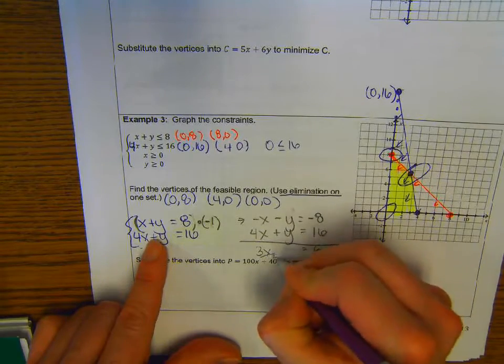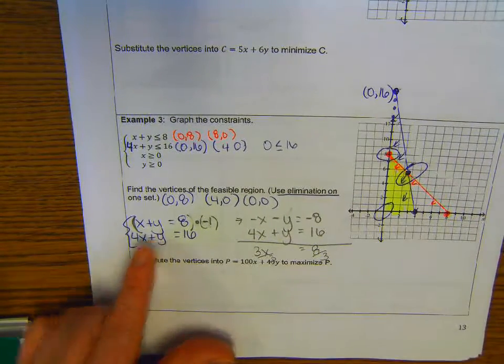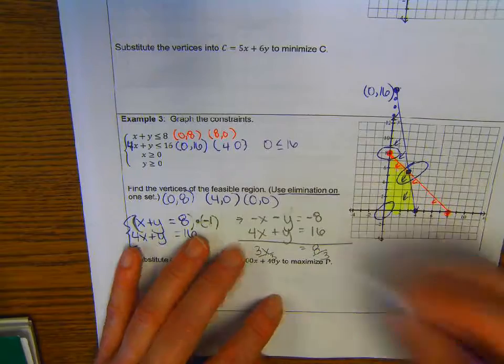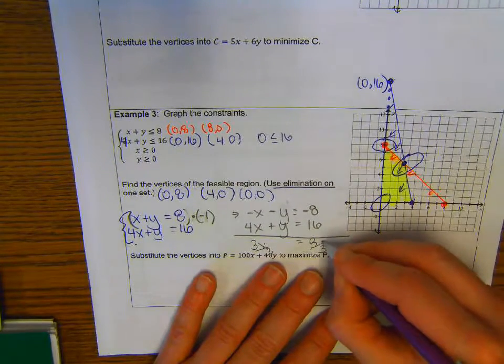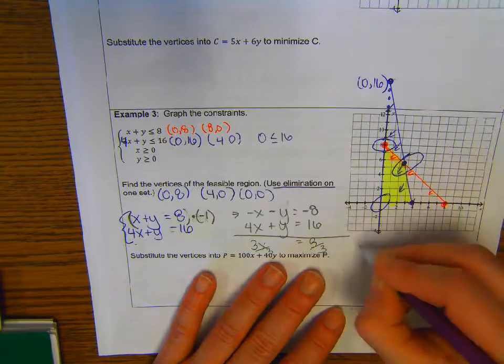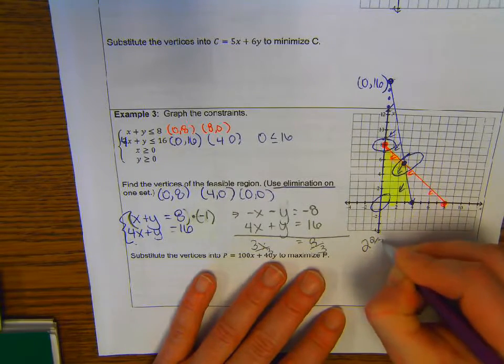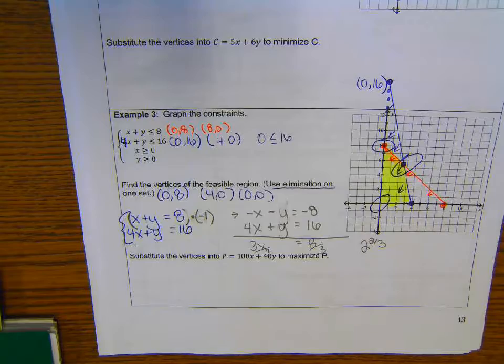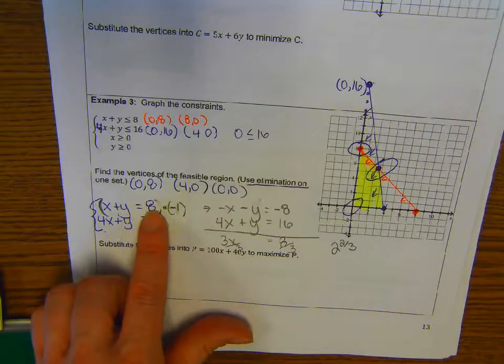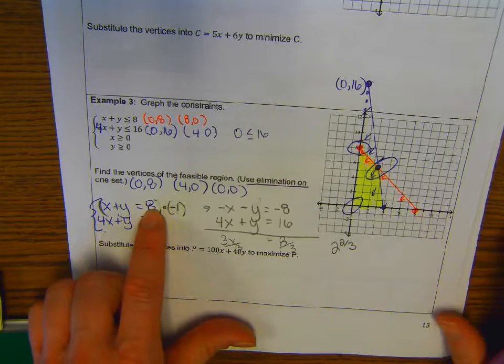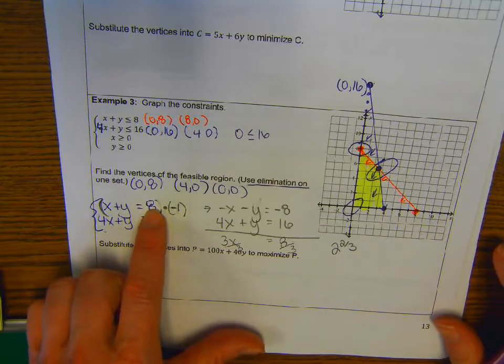Divide by 3. Let's leave it as a fraction. 3 goes into 8 how many times? Wouldn't that be 2 2/3? Okay. So x is 2 2/3. What would I add to 2 2/3 to get 8?